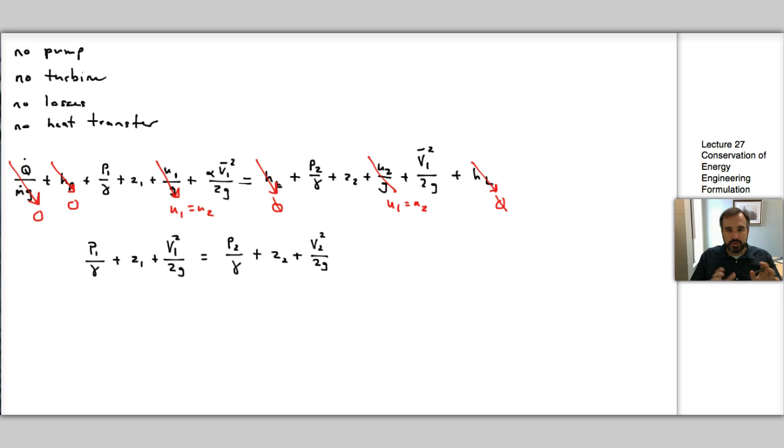And I made one more assumption here when I wrote this: I assumed uniform flow, so I set alpha equal to 1. That's one thing that we didn't explicitly mention, but I went ahead and did that. And what you can see here by doing so is we end up with the Bernoulli equation.